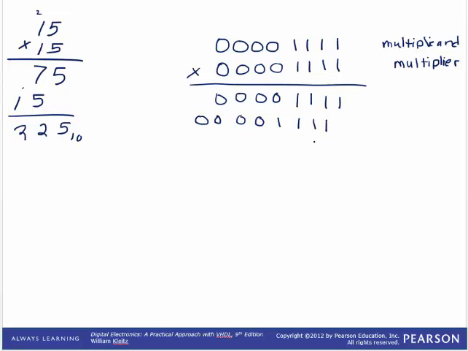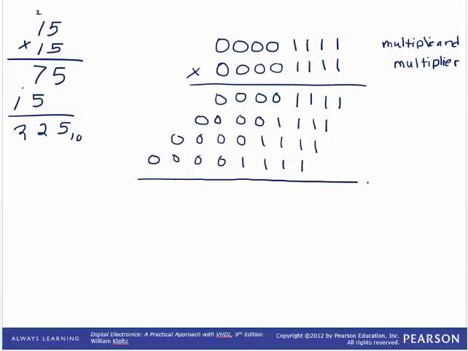And again, third bit, same thing. 1, 1, 1, 1, 0, 0, 0, 0. And the fourth multiplier is again a 1. Put it there. 1, 1, 1, 1, 0, 0, 0, 0. Now we have to add these up. So this is where the fun comes in.